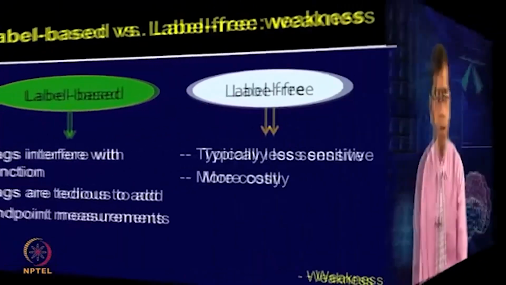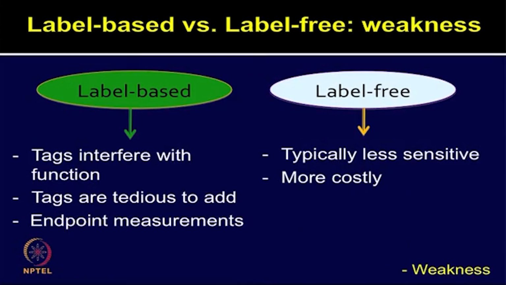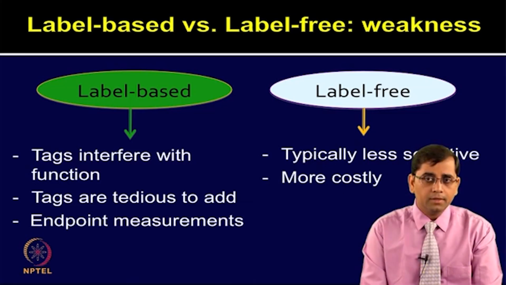Now, let us look at some of the comparative limitations of label based and label free methods. The label based methods employ some tags or labels which are chemically attached to query molecules to detect their presence or activity, which can in turn interfere with or alter the intrinsic properties of the query molecule.